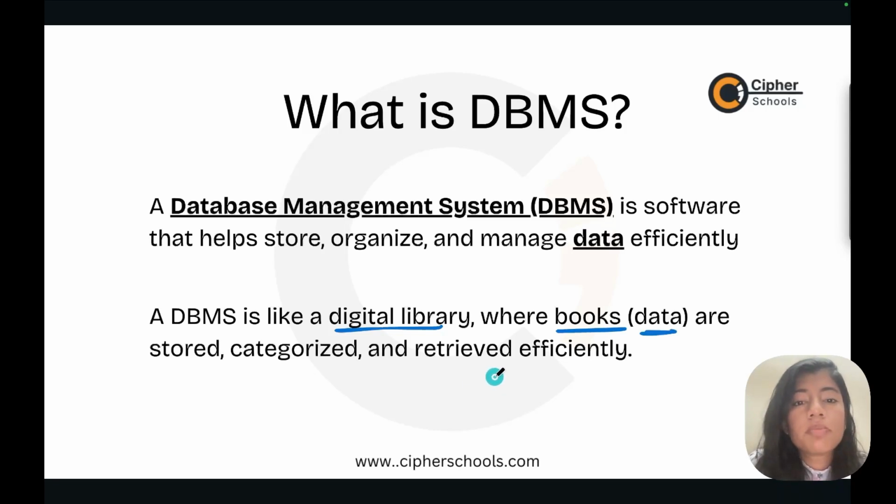You cannot keep an algorithm book in that section. So you need different sections for different books, so that if someone asks where a book is, you can easily tell them the location, the shelf number. So it is now very clear what a DBMS is, and how we are storing, we'll discuss later, but we are storing by some other way.